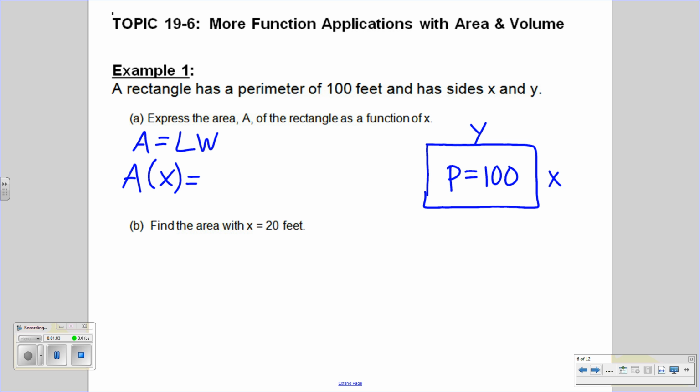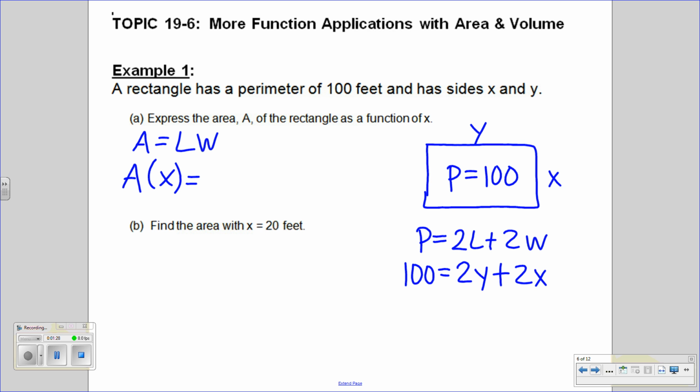Well, our width is already in terms of x, so let's take the perimeter formula for a rectangle and plug in 100 for the perimeter, and y for the length and x for the width.